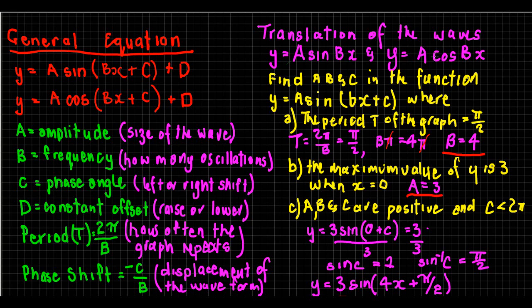So let's have a look at an example of how we might use this general equation. Let's say we want to find a, b and c in this function y equals a sine bx plus c, where the period T of the graph is pi by 2. Using our formula, we know that T equals 2 pi over b.